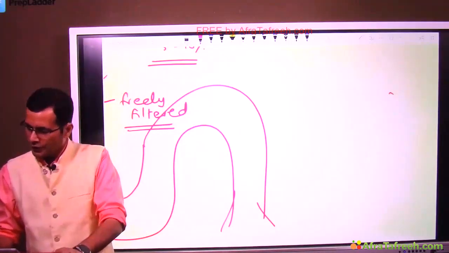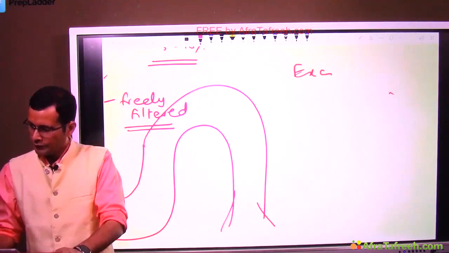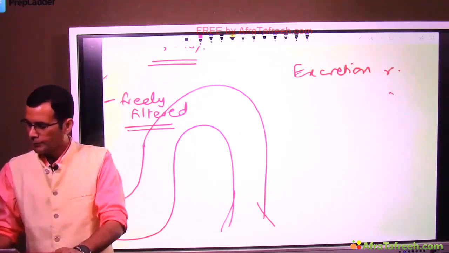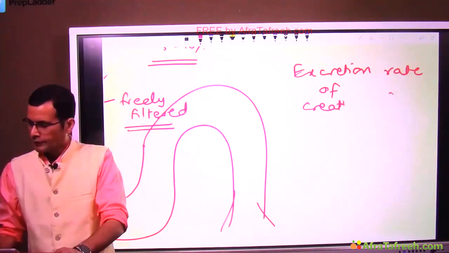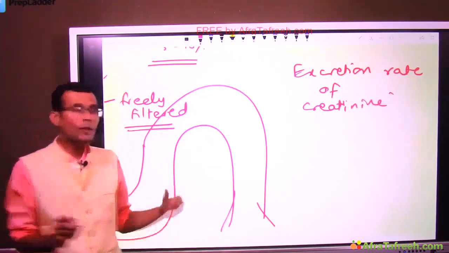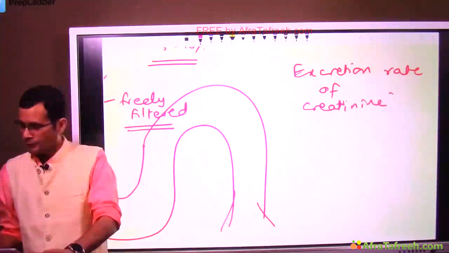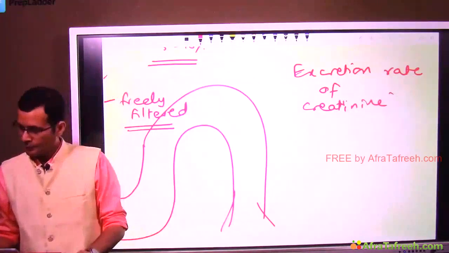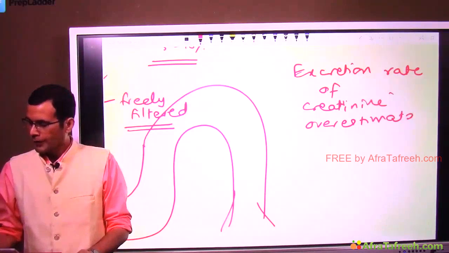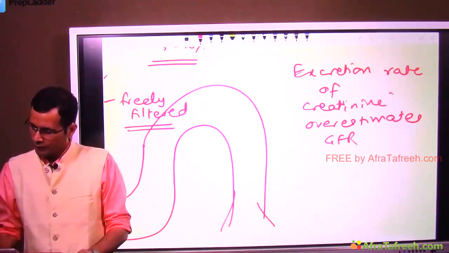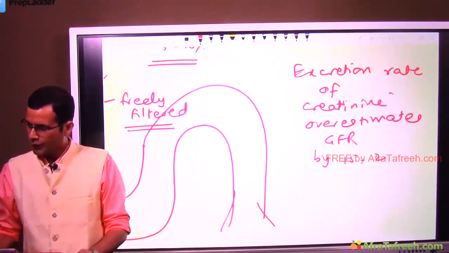The excretion rate of creatinine per unit time will overestimate the GFR. Excretion rate of creatinine overestimates the GFR by about 15 to 20%.